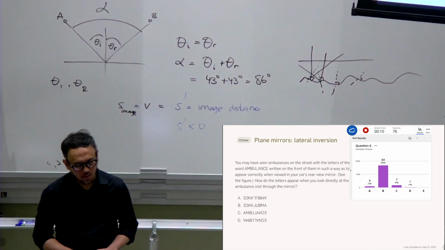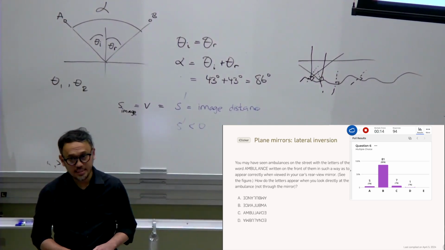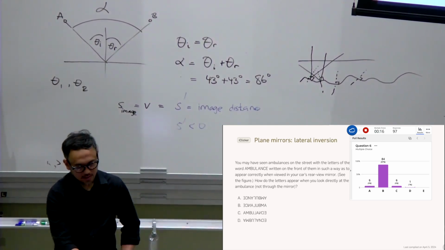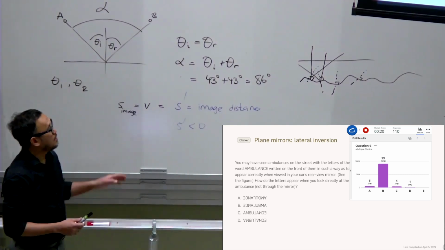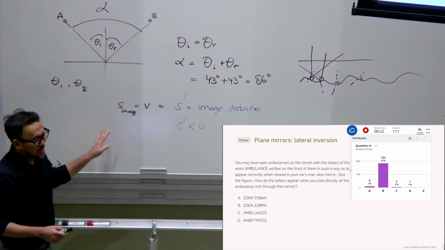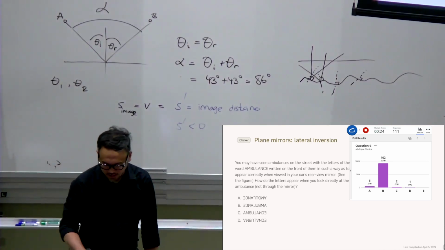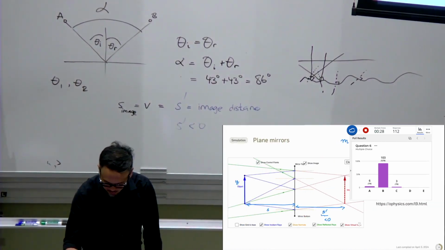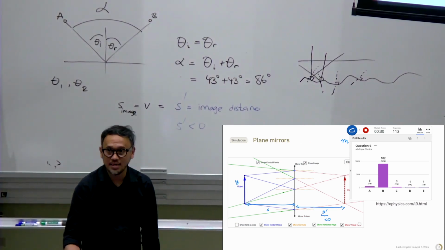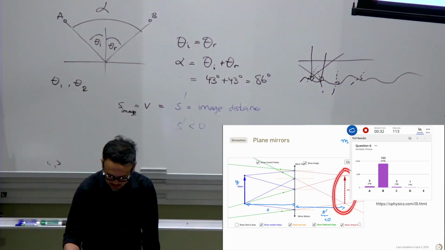All right, so I think almost all of you have answered. So the answer is B. So for a mirror, the name of the image that I mentioned is this type of image. We call this virtual, and there is another term for this.